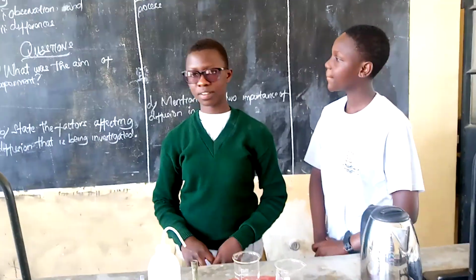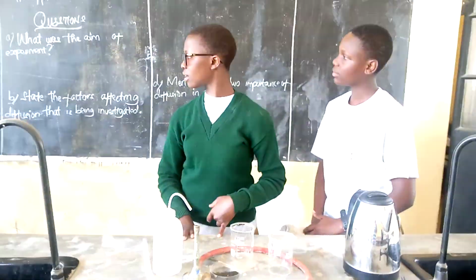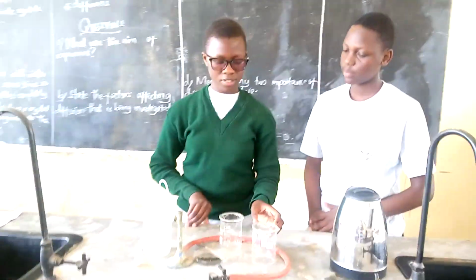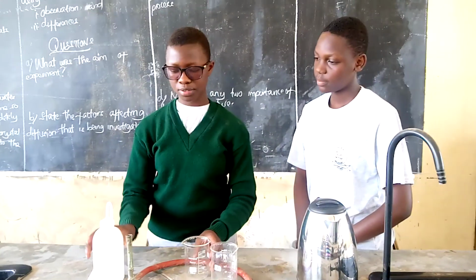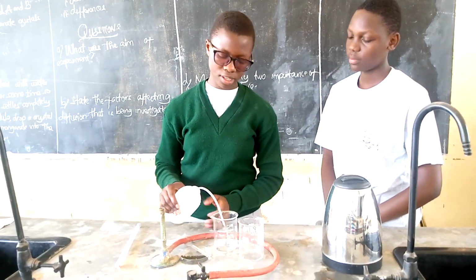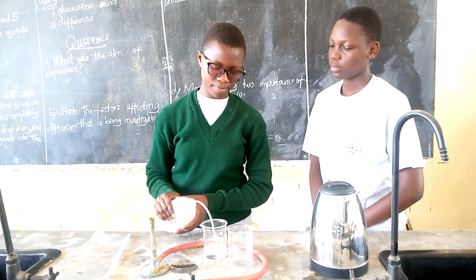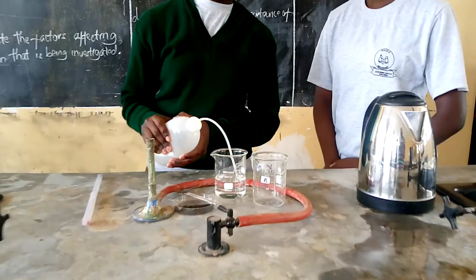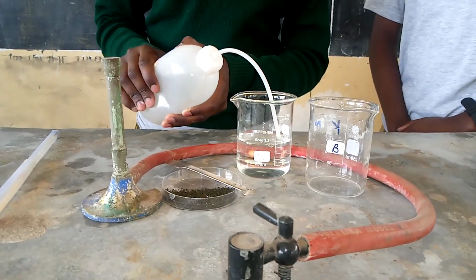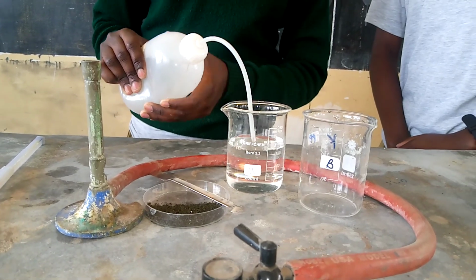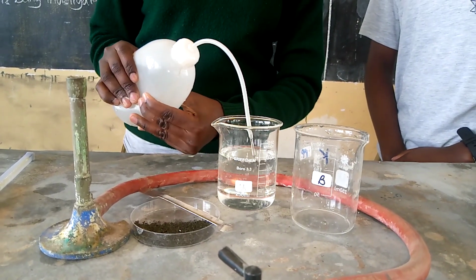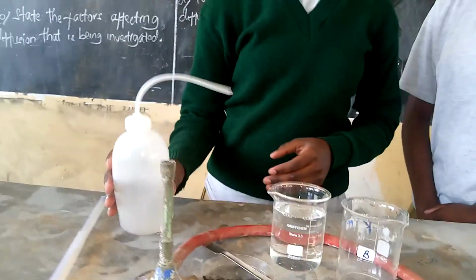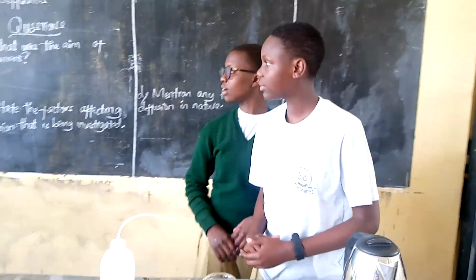Procedure number 1. Fill 1 beaker with water and leave it for some time so that the water settles completely. So one of the beakers, you say, is going to be filled with water. Procedure number 2.